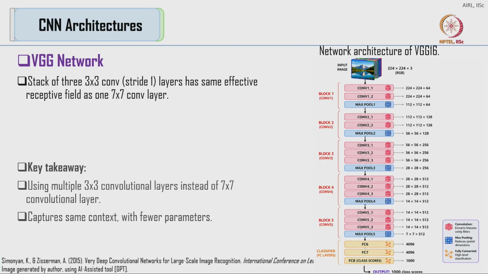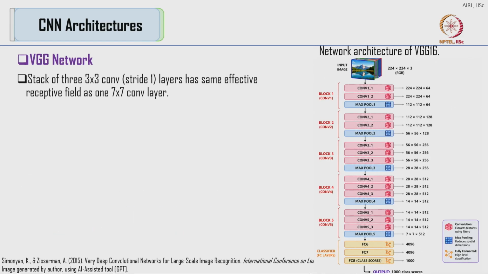Now, the key takeaway from VGG is that using multiple 3x3 convolution layers instead of 7x7 convolution layers captures the same context, but with fewer parameters. This is essentially to reduce the number of parameters, and since they reduced the number of parameters, it did help them for better learning also.